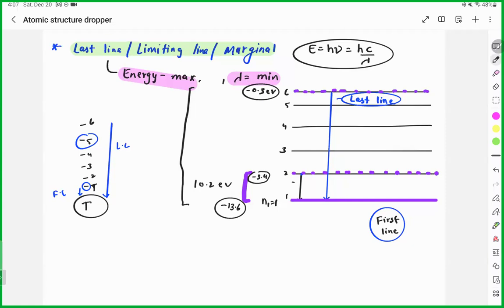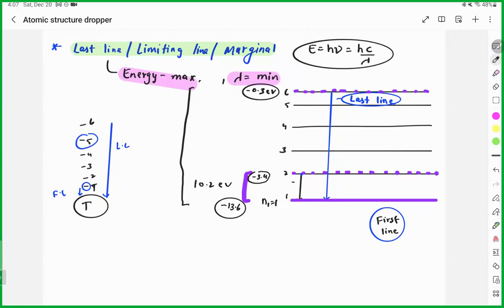Because in the first situation, if it comes from the first line, energy difference is minimum. And whenever energy difference is minimum, then wavelength will be maximum. Correct? Any doubt? No sir.